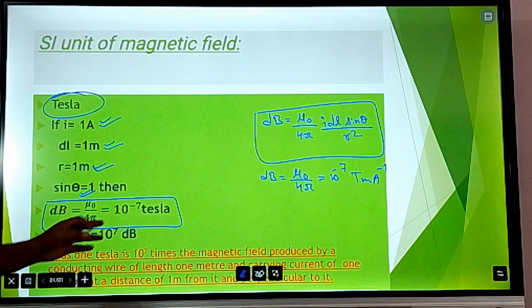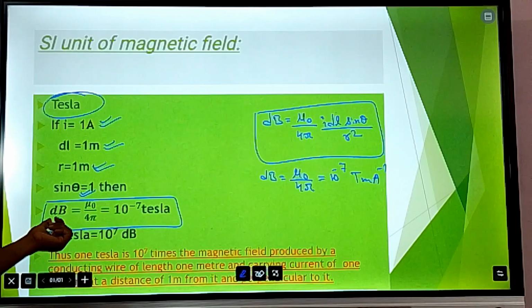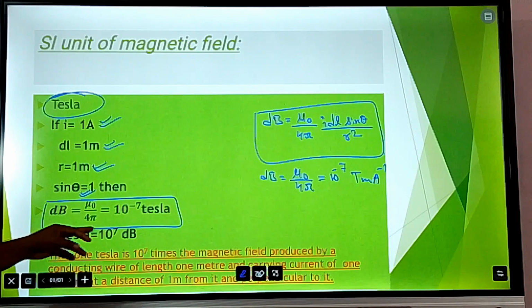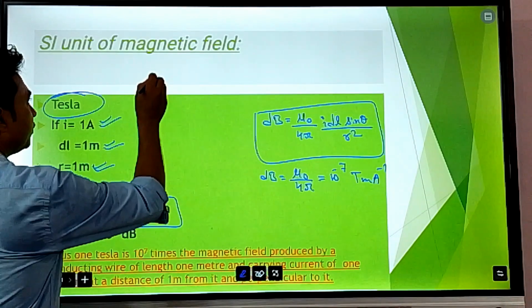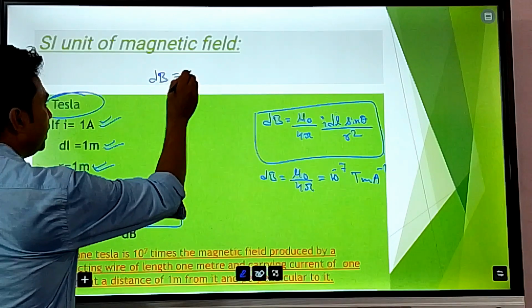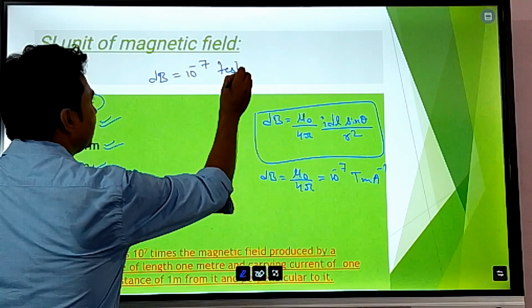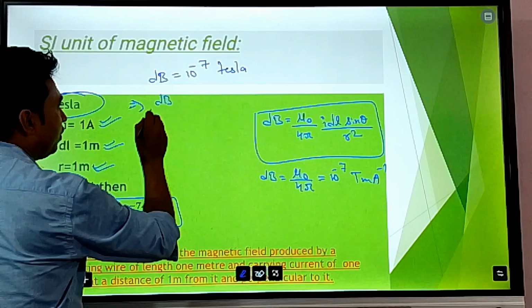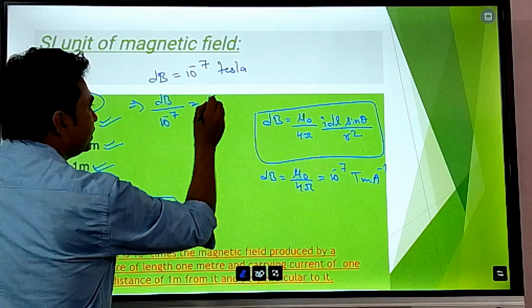If we take this 10 to the power minus 7 to the other side, it becomes 10 to the power 7. Let's see how. dB equals 10 to the power minus 7 Tesla. Bringing the 10 to the power minus 7 to this side, 10 to the power 7 dB equals 1 Tesla.